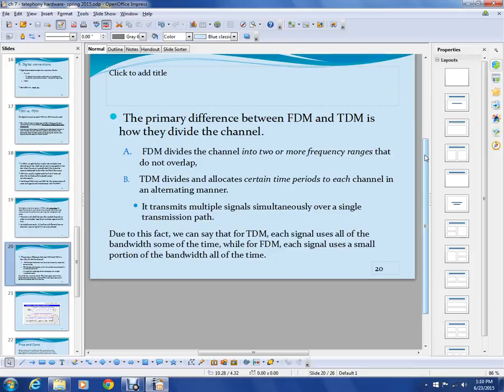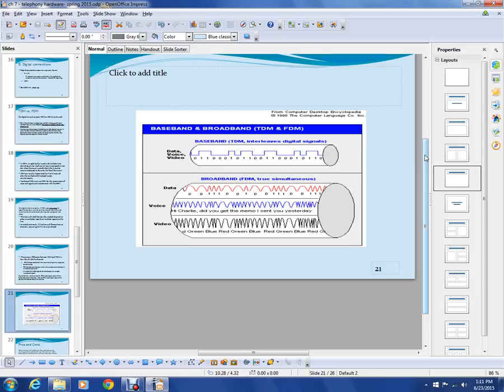Due to this fact, we can say that for TDM, its signal uses all the bandwidth some of the time, while for FDM, its signal uses a small portion of the bandwidth all the time. I can show you in this figure.